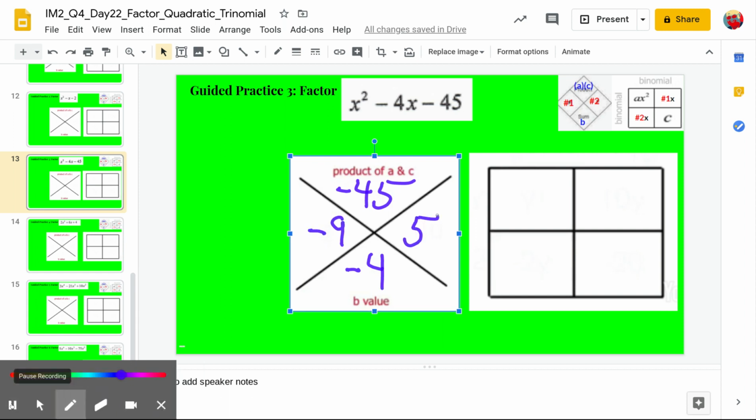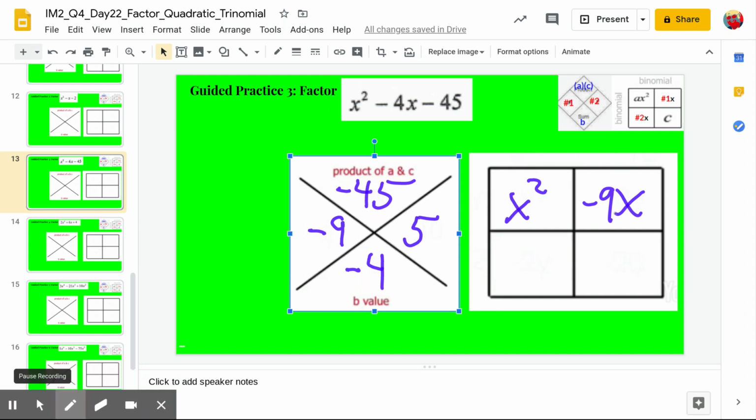I hope you got negative 9 and positive 5, right? Negative 9 times 5 is negative 45, and negative 9 plus 5 is negative 4. So in our generic rectangle, we have x squared, minus 9x, plus 5x, and then minus 45 here in the bottom right. Set up for you.